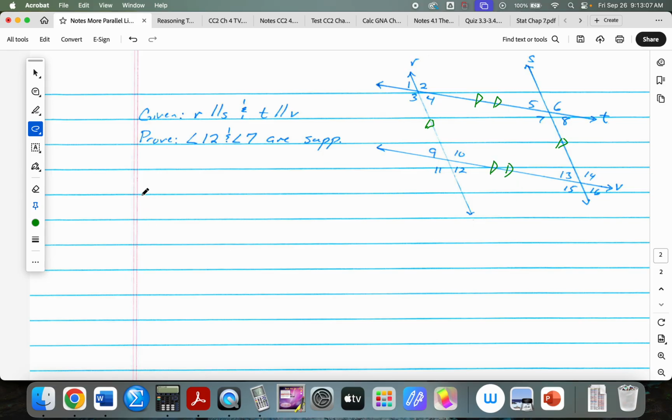All right, I'm going to do this as a flowchart proof. You can do it as a 2-column if you like. T and V, sorry.